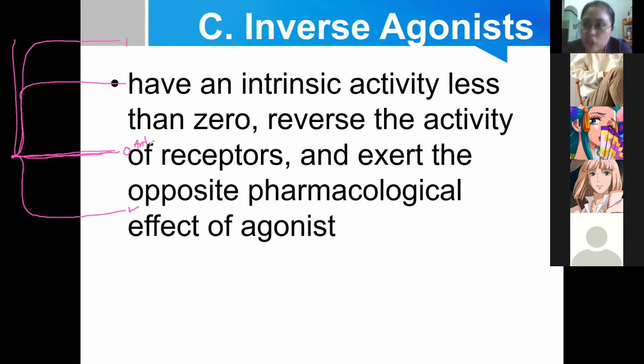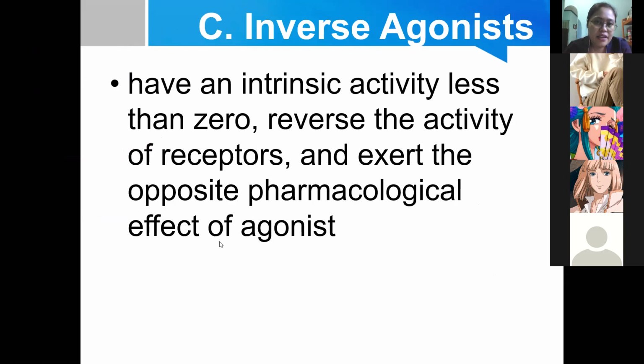So kani walay gyud siya effect. I-block lang gyud niya ang receptor para dili na makabind si original substance. This is the partial agonist and this one is the full agonist. So klase-klaseng drug. As we move sa iba na lesson, you will get to know them kung full, partial, inverse, and antagonist ba sila. Okay?